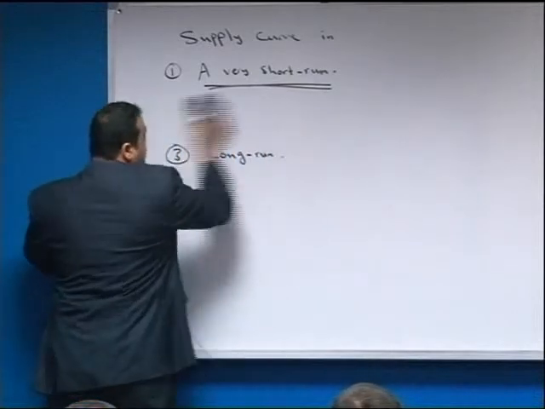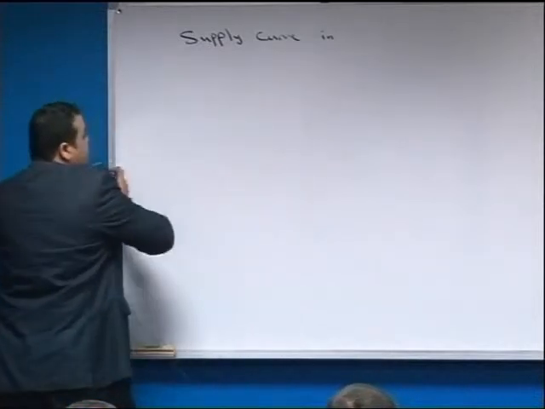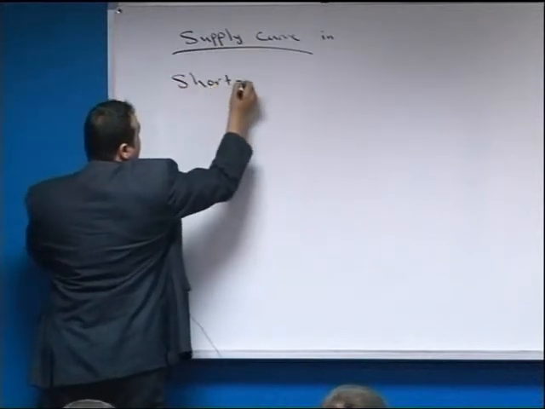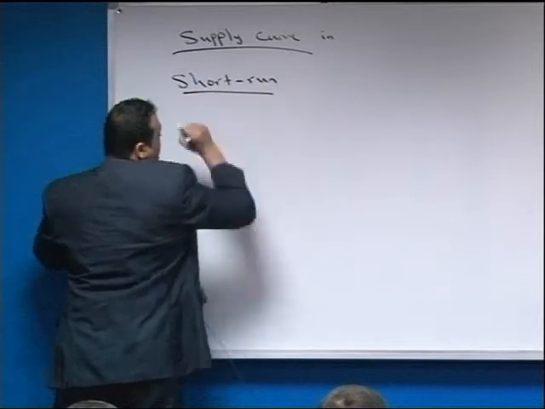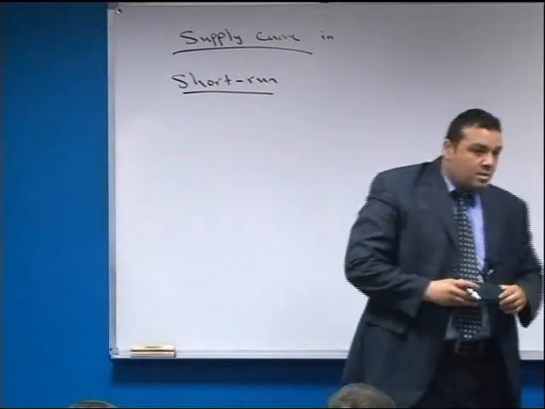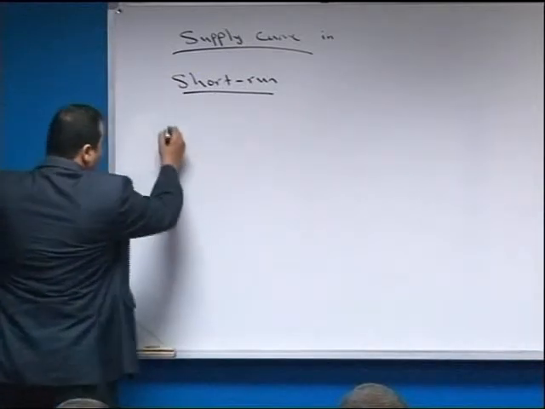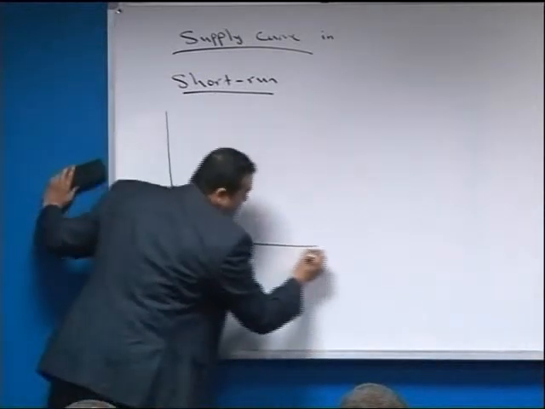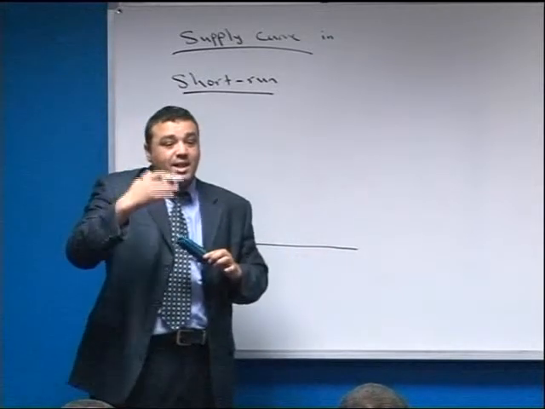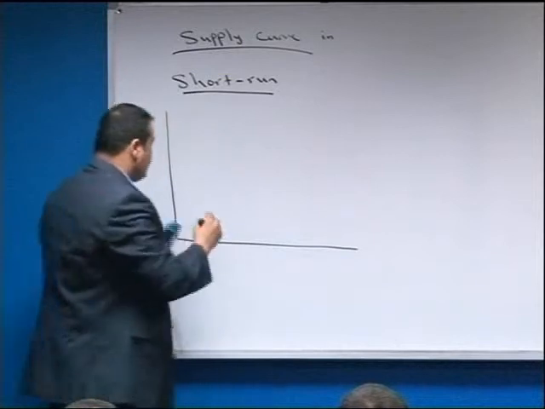This is the very short run, and the second one is short run. In the short run, the producer would have the capacity to produce more.